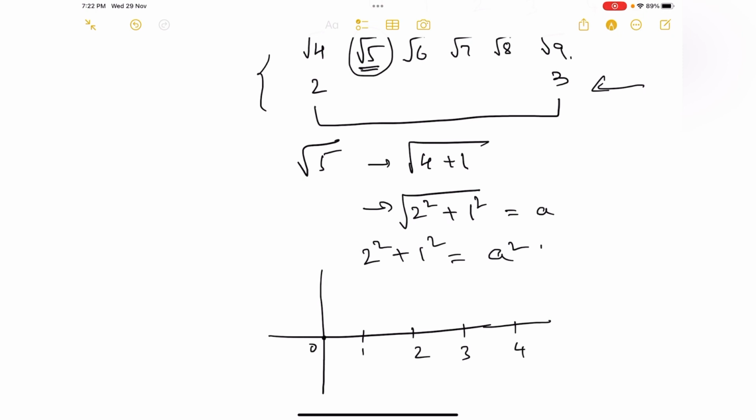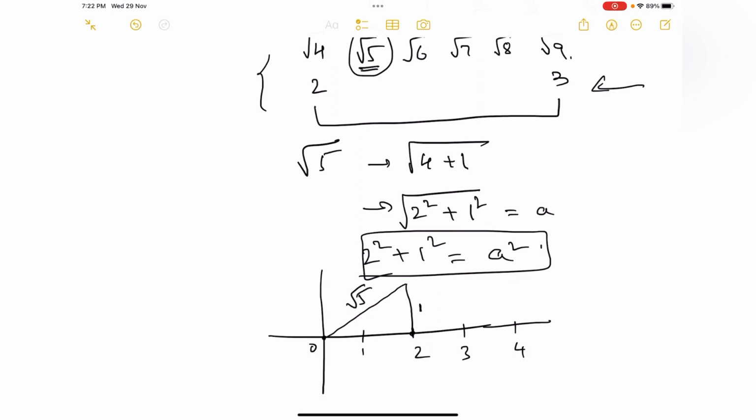What you want is root of 5. Root of 5 is root of 2 square plus 1 square. You can put your horizontal length at 2, and from here a vertical length of 1, right? Now this will be the length of root 5.